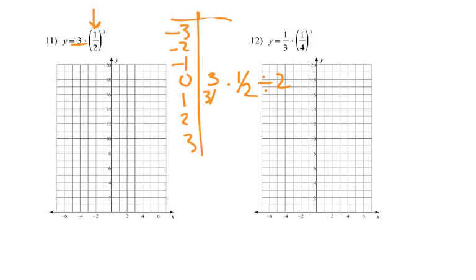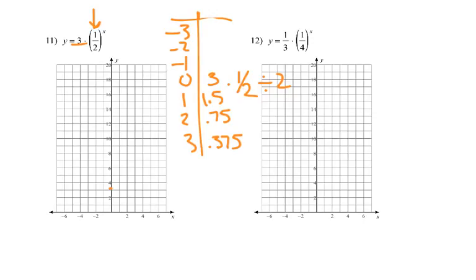So we'd have 3 divided by 2, which is 1.5, right? Then divide that by 2 or times it by 1/2, and we have 0.75. Times that by a half, and we have 0.375, I think. Let me grab a calculator to double check. Yeah.